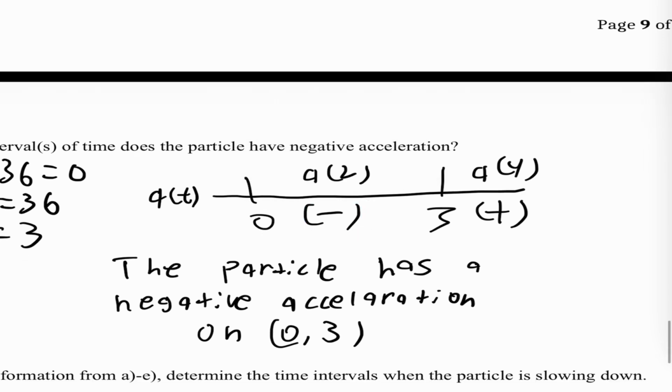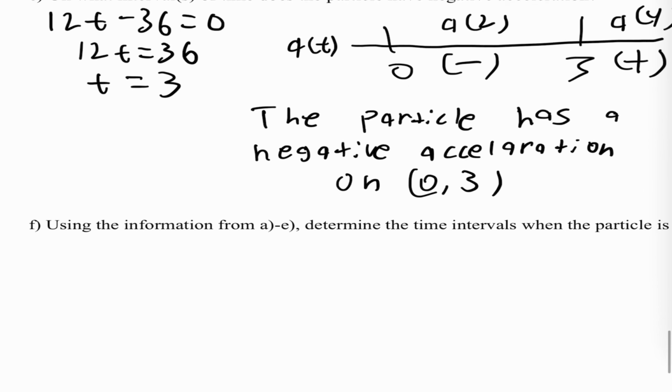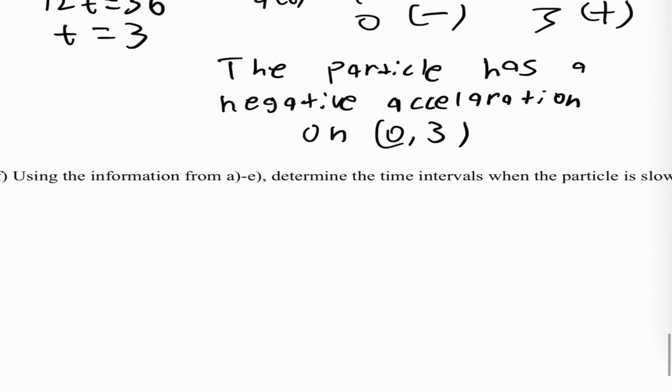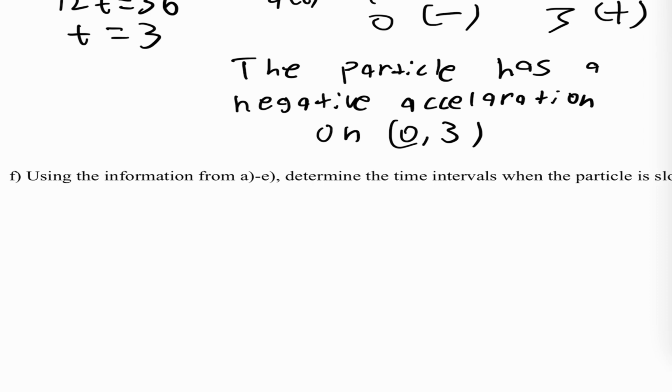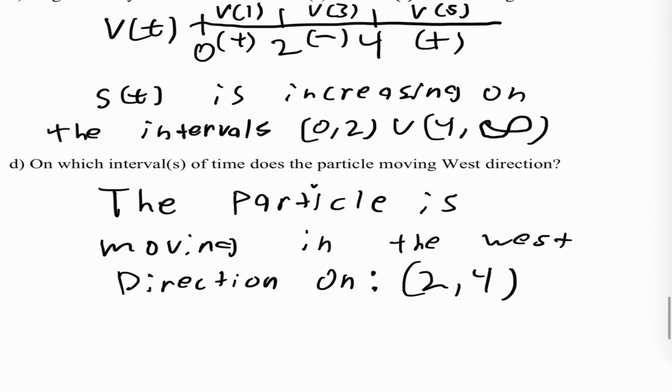Okay. Our next question asks, using the information from A to E, determine the time intervals when the particle is slowing down. Now, for this one, we use both our velocity and acceleration. So let's make the lines, V of t, A of t. Luckily we've already made them.